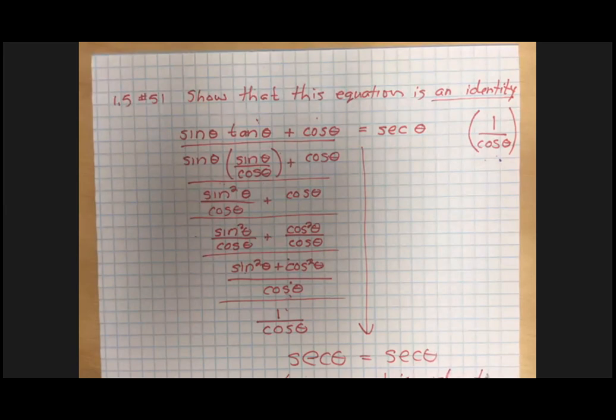Oh, I want to pay attention to what you wrote in the chat. That's a good comment. Sometimes if you want to say undefined, like 7 over 0 is undefined, in math people also abbreviate that as does not exist.